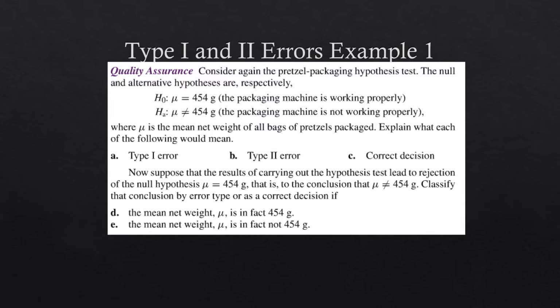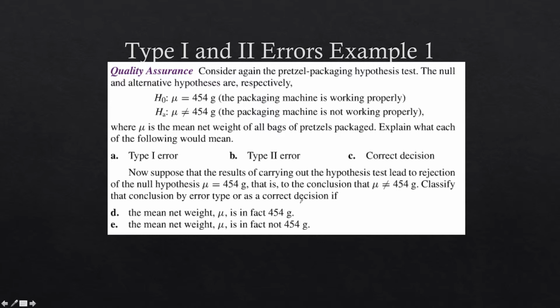Now suppose that the results of carrying out the hypothesis test lead to rejection of the null. So we rejected it. That is, the population mean does not equal 454. Classify that conclusion by error type or correct decision if the mean net weight is in fact 454.